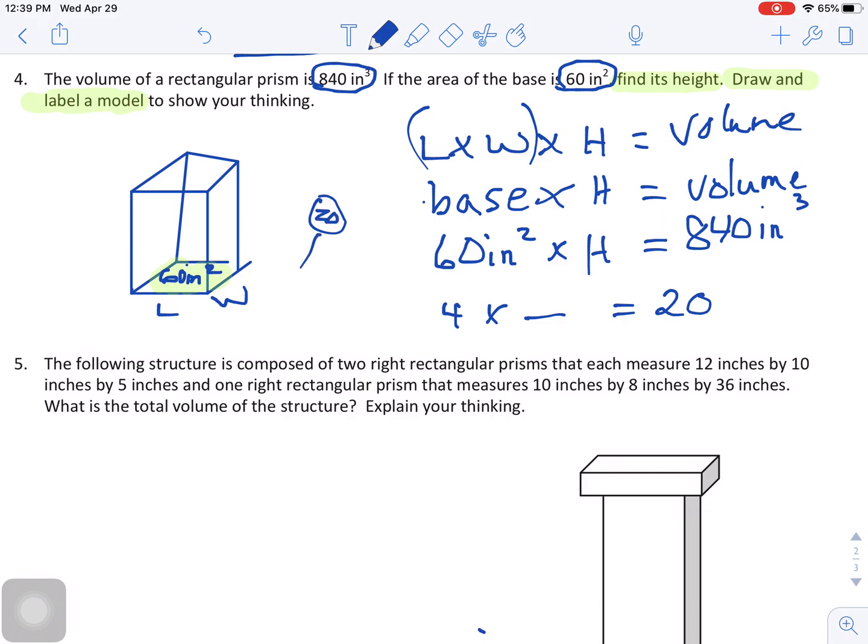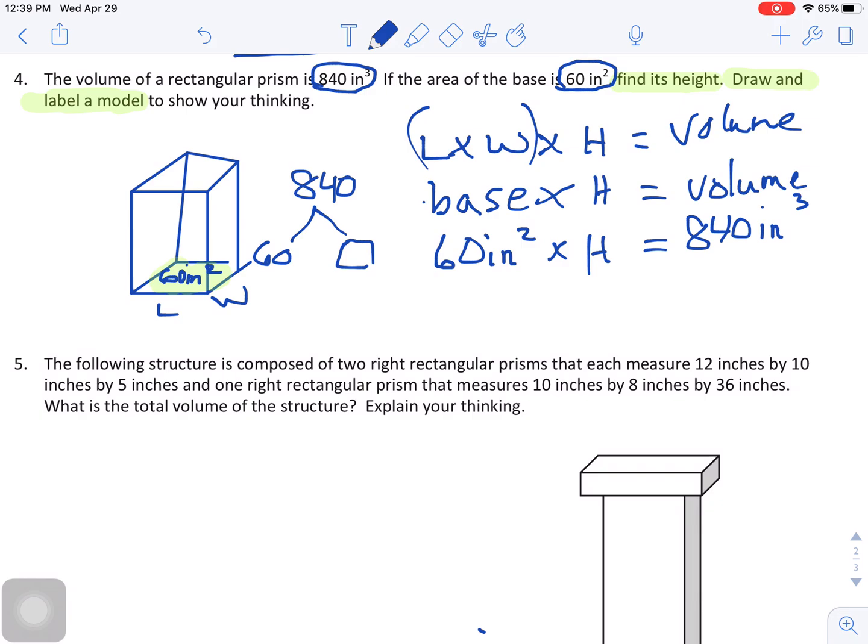We have 20, and then 4 times what is 20? Well, 4 times 5, and we get that by dividing. So we would do the same thing here. We could set up our number bond. So 840 is made up of 60 times what?